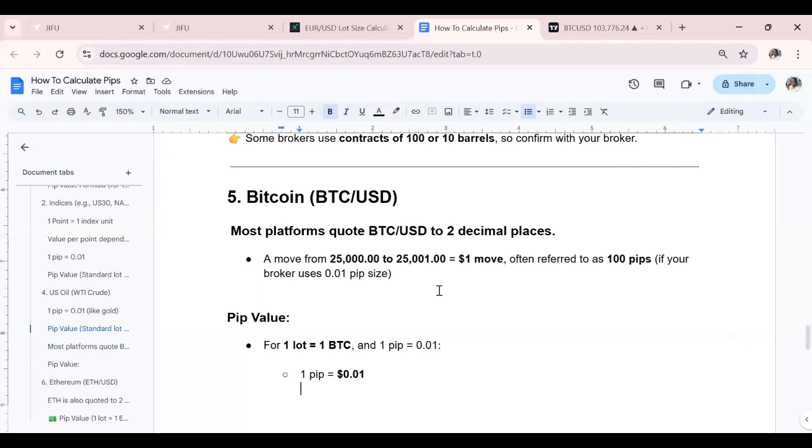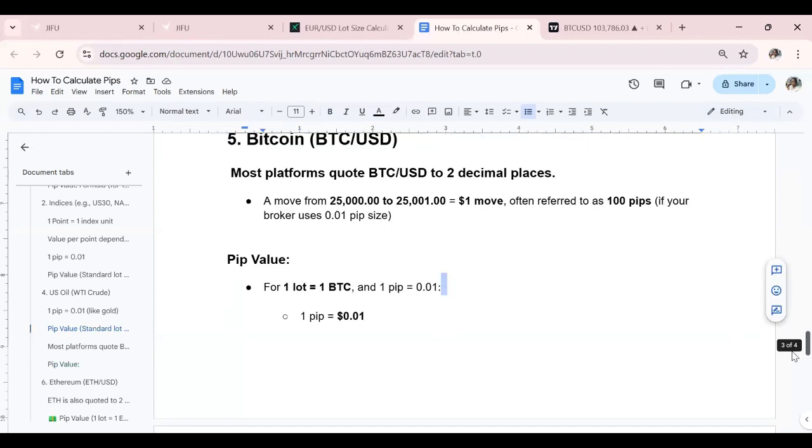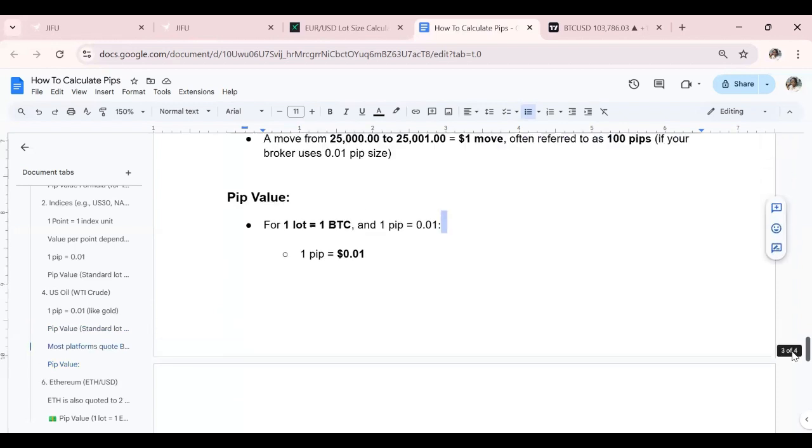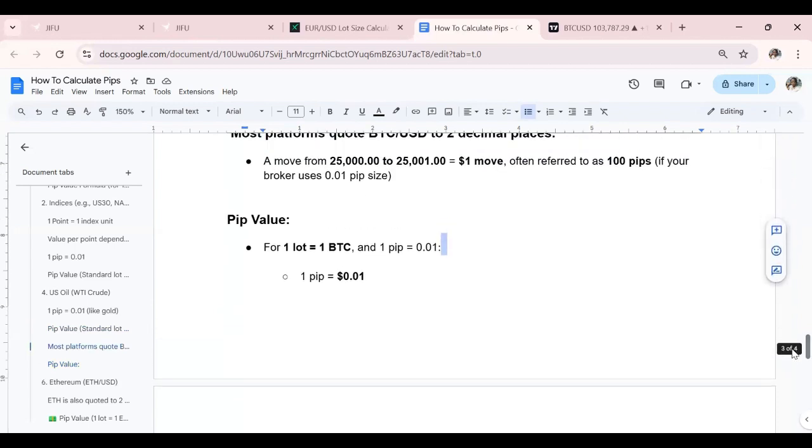We have just 10 minutes left in the meeting. So if your broker is using 0.01 and 1 pip is equivalent to $0.01, it means that for you to make a $1 movement, like we have seen, it needs 100 pips.